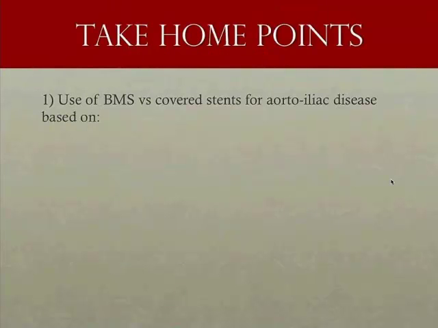So take-home points, and there's really 3 take-home points that I'd like you to take away, if you will. And that is to say that the use of bare metal stents versus covered stents, specifically for aortoiliac occlusive disease, should be based on 3 main things. 1, the complexity of the lesion or the lesions.